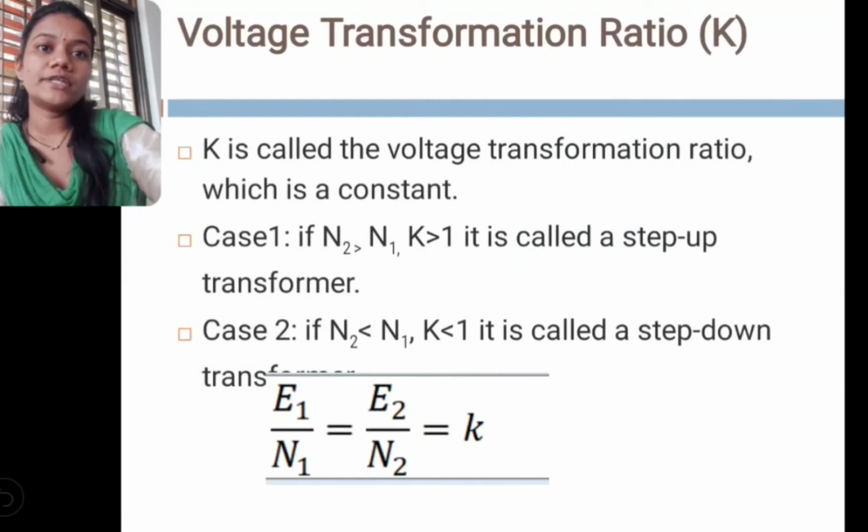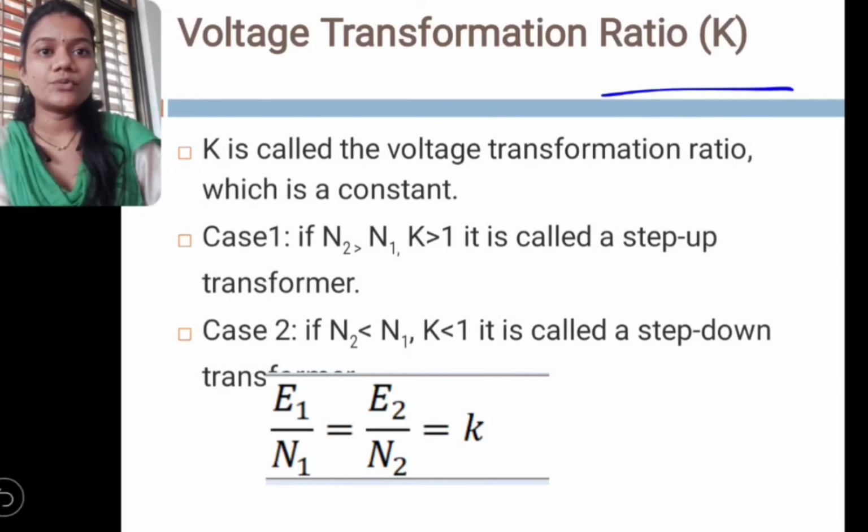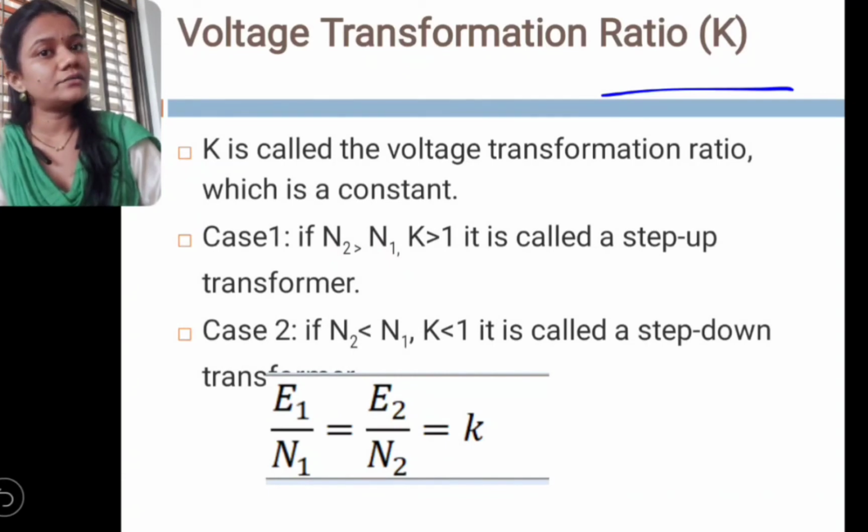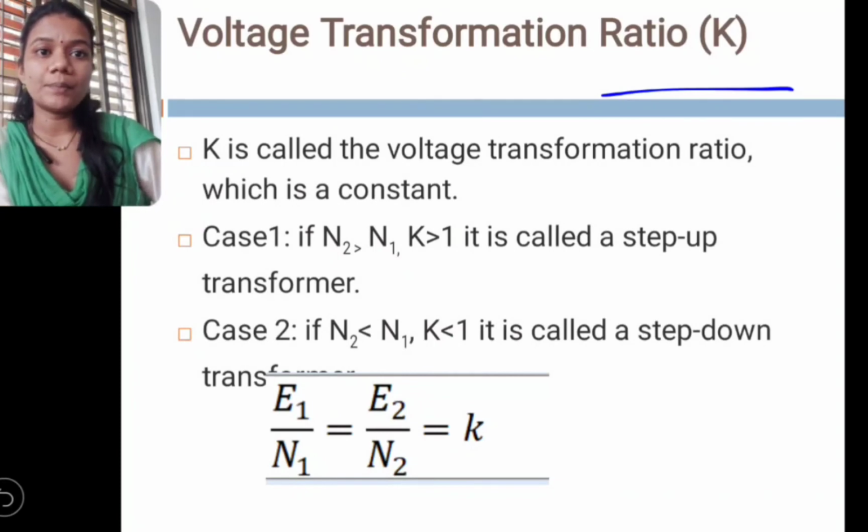Now, what is the voltage transformation ratio? It is also one of the important questions on transformers. The voltage transformation ratio is denoted by K. As we know, there are two windings, N1 and N2. If N2 is greater than N1, then the transformation ratio K is greater than 1. If the secondary windings are greater than the primary windings, K is greater than 1, and we call this a step up transformer.